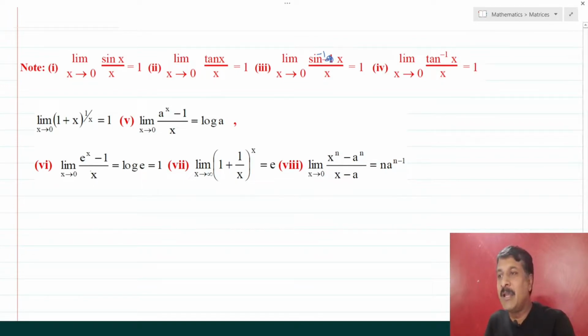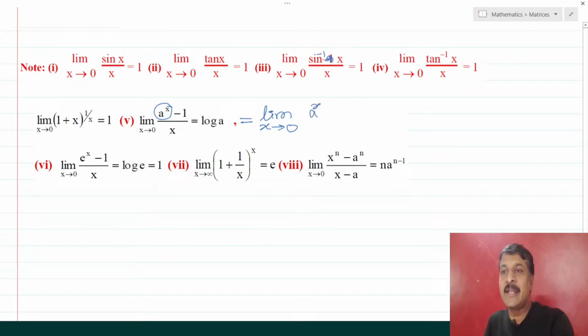For example, consider this one. As x tends to 0, what is a raised to 0? It is 1. So I am getting here 1 minus 1, that is 0, upon x tends to 0, that is 0. So this is the indeterminate form 0 by 0. And what does the rule say? L'Hospital's rule: take the derivative of numerator and denominator separately. What is the derivative of a raised to x with respect to x?